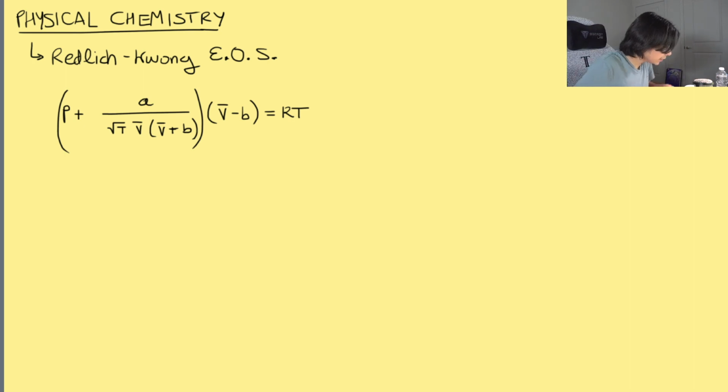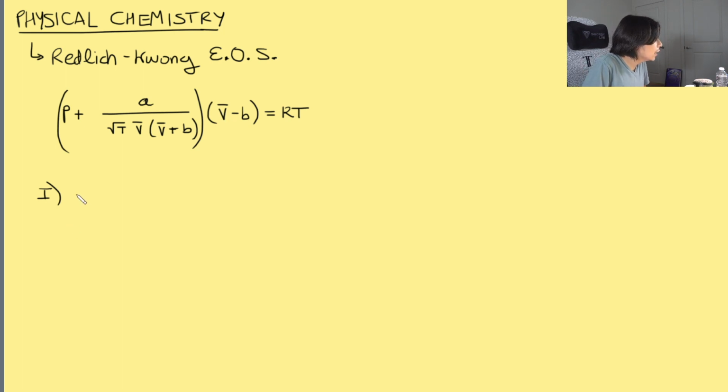So let's start by solving for A, the attraction molecular constant. We're going to first divide both sides by V bar minus B, V bar referring to this V with the line above it.